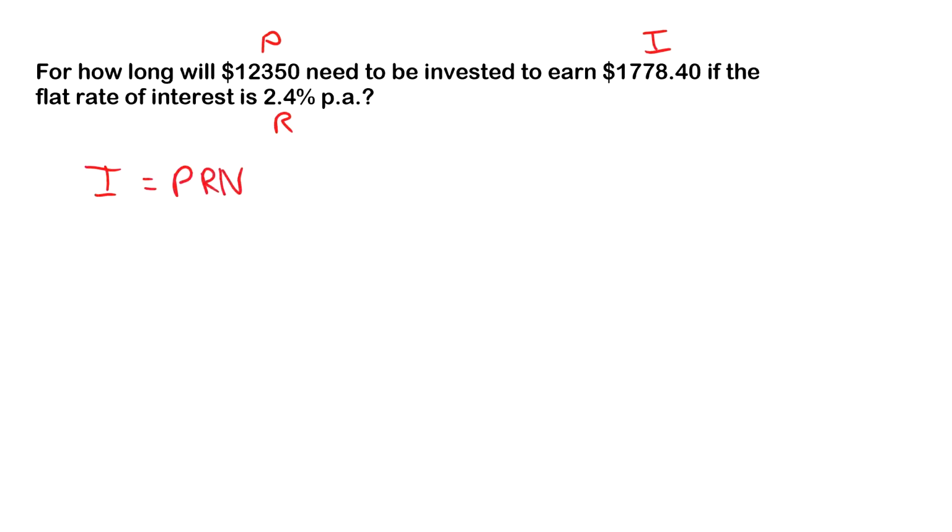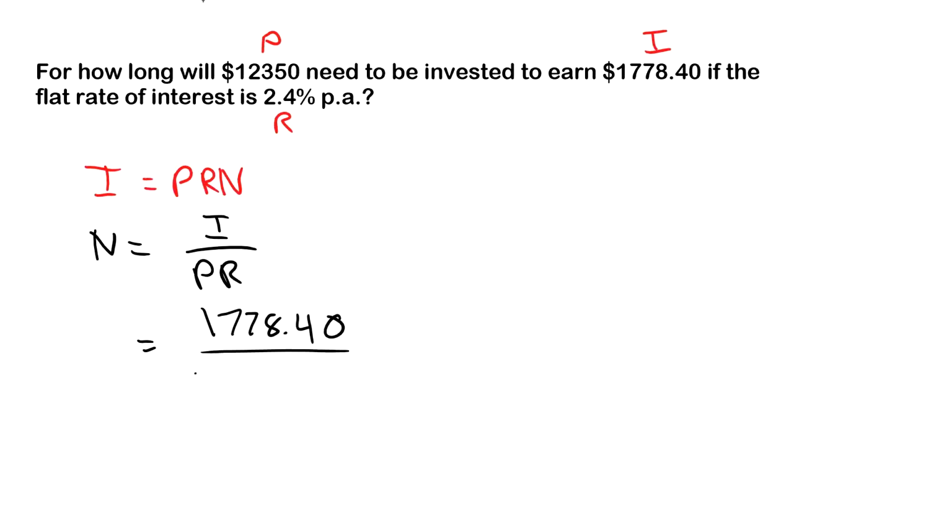Now remember, if I wanted to rearrange this, we just divide by our PR. So my N is going to equal I divided by PR. Then we can start putting in our values: 1,778.40 over 12,350 times 2.4 over 100.